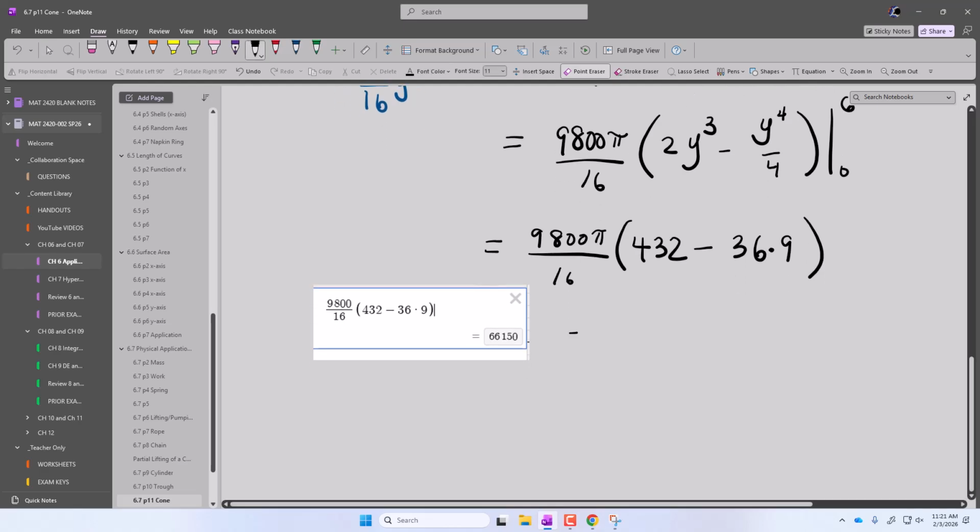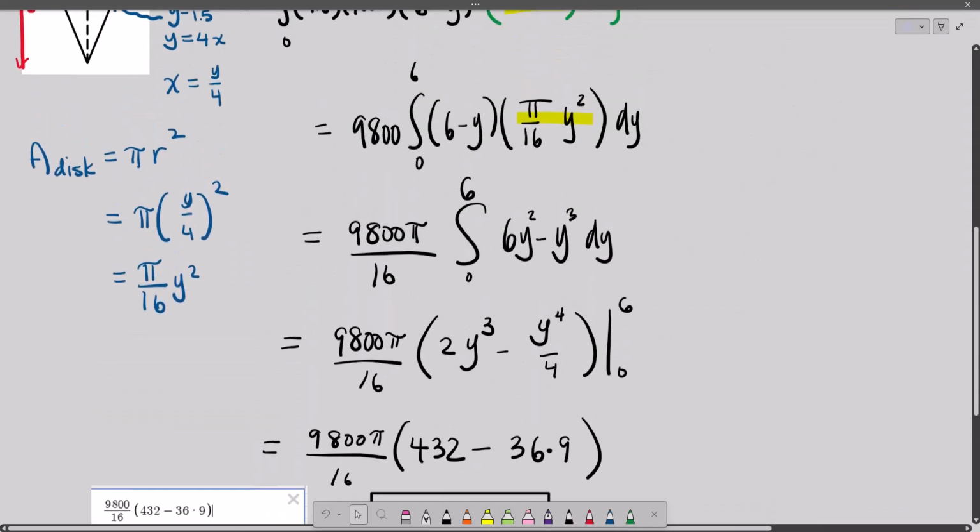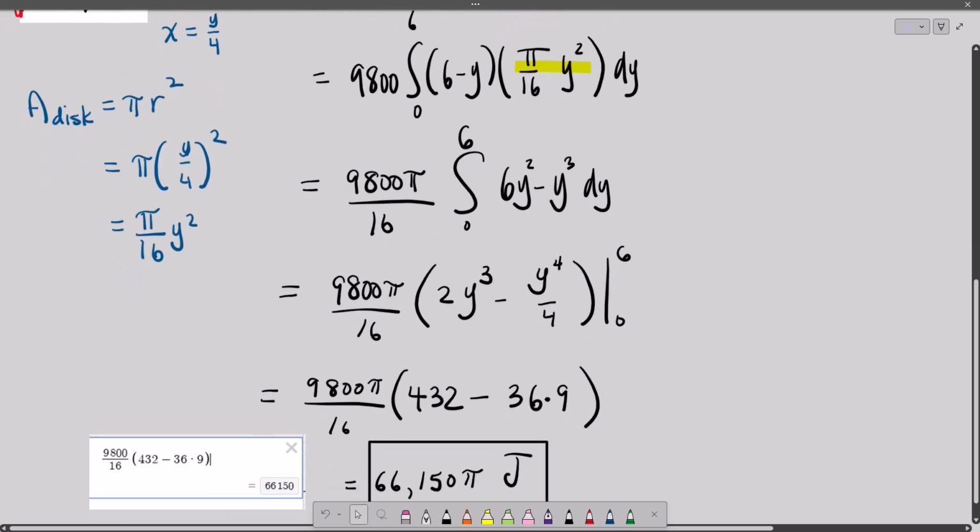All right, so when all is said and done, we get 66,150 multiplied by pi joules of work. All right, questions on steps there?